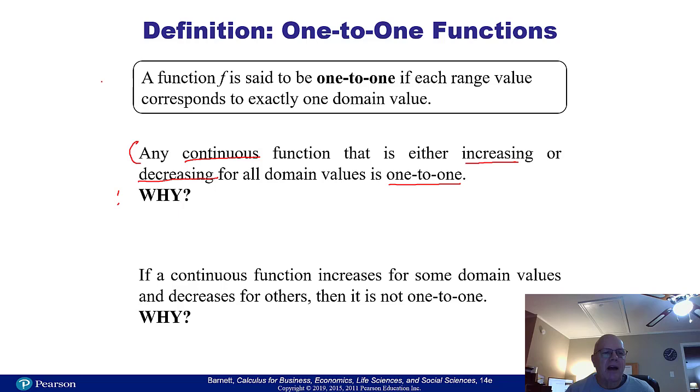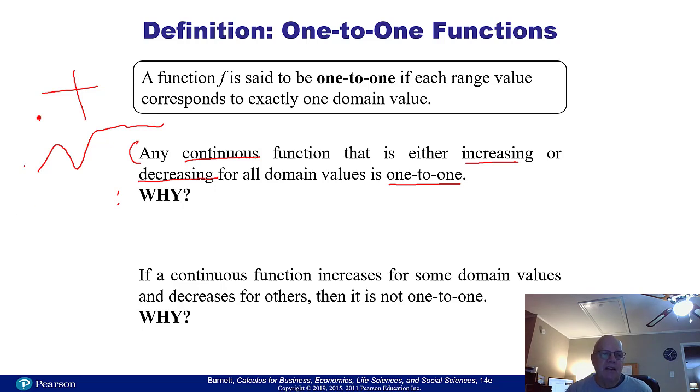So if you have a graph like this, and you're starting somewhere down here, for example, if it either goes up all the time or down all the time, then it's one-to-one. But if it goes up sometimes, and down sometimes, and up sometimes, it's not one-to-one.